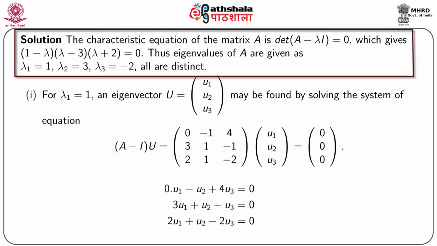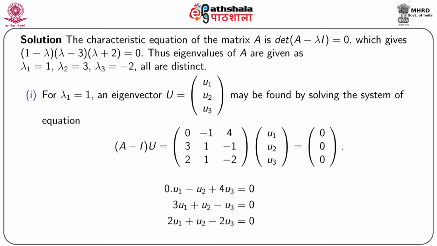And this characteristic equation actually gives your eigenvalues, and the eigenvalues in this case are 1, 3 and minus 2, and all are distinct. We will now calculate the eigenvectors corresponding to each of these eigenvalues, lambda 1 equal to 1, lambda 2 equal to 3 and lambda 3 equal to minus 2.